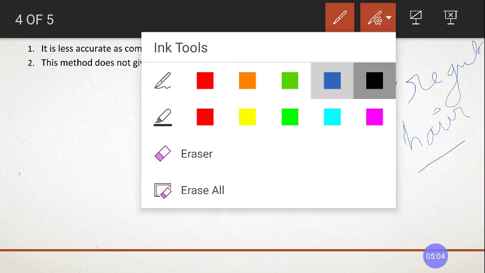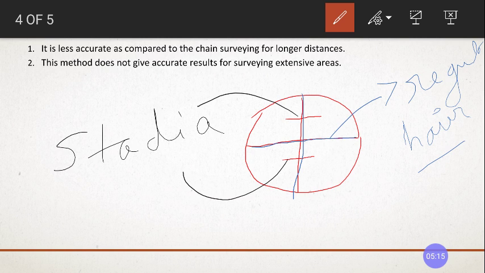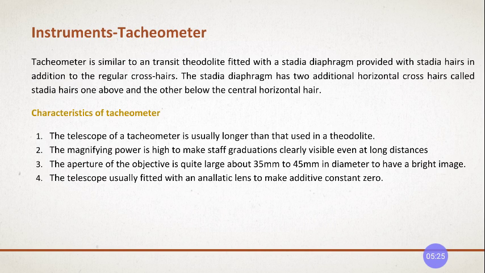These two, above the main crosshair and below the main crosshair, are stadia hairs. Stadia, S-T-A-D-I-A, stadia hairs. Right? These are stadia hairs. This is the difference between a normal transit telescope and a tachymeter.